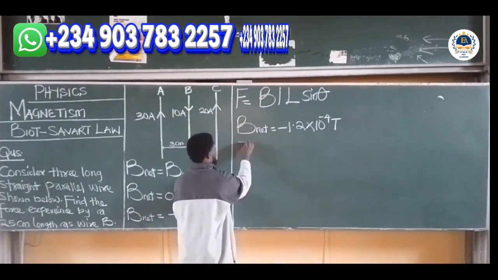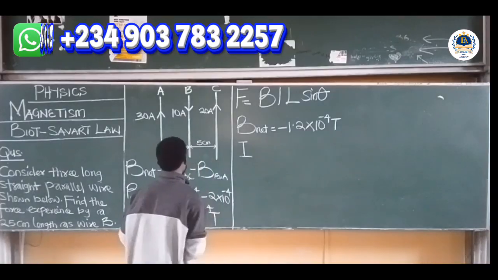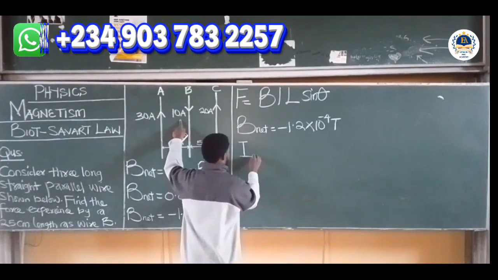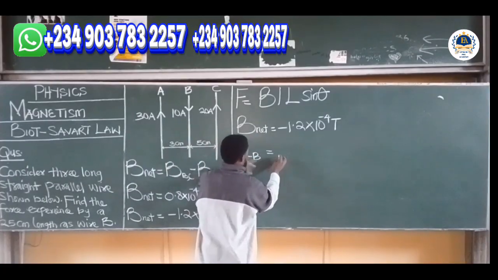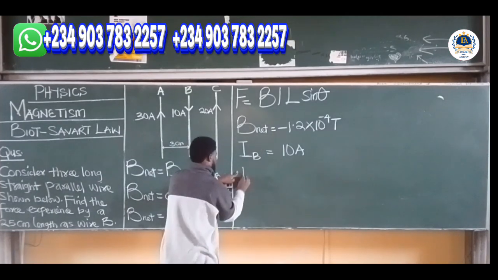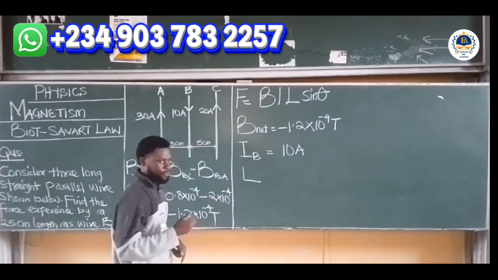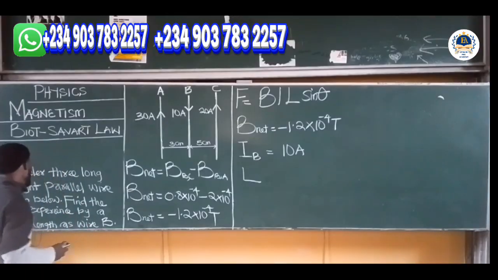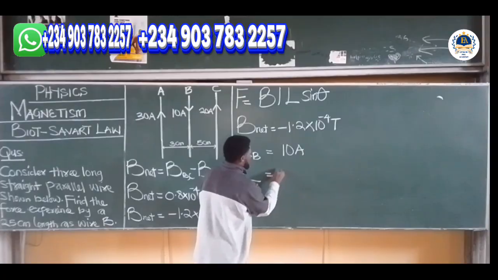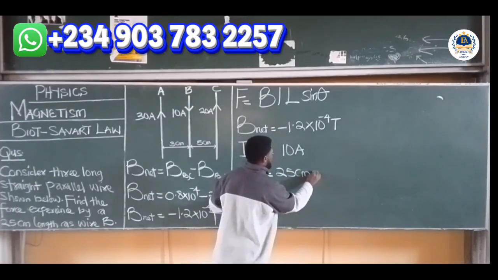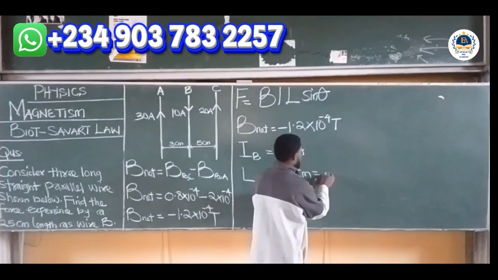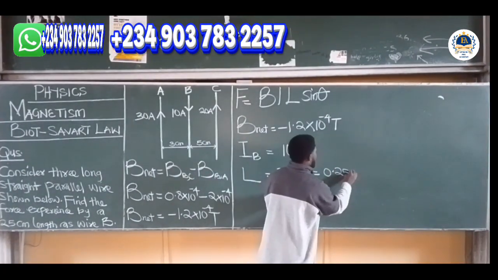I, which is current, the current at B is given as 10 ampere. Up next is the length of the wire in the magnetic field, which is given as 25 centimeters. Convert to meters by dividing by 100, and it will yield 0.25 meters.